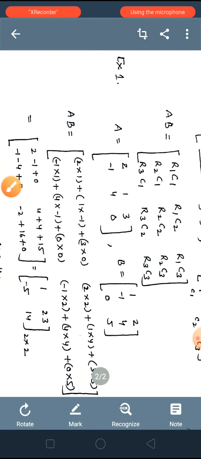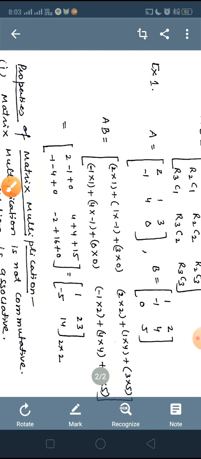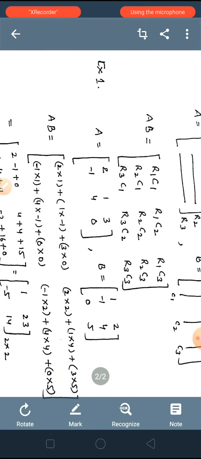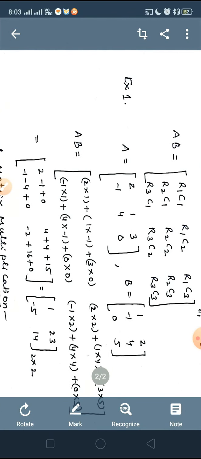Now multiply them. As I told you, we use R1C1. R1 of the first matrix is 2 1 3 and C1 of the second matrix is 1 minus 1 0, so 2 into 1, 1 into minus 1, 3 into 0. All these will be added.